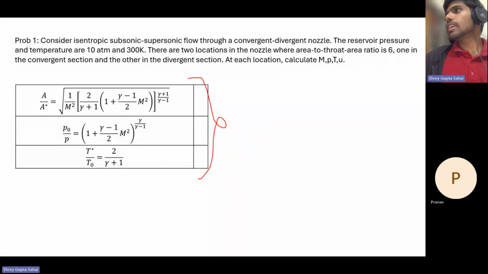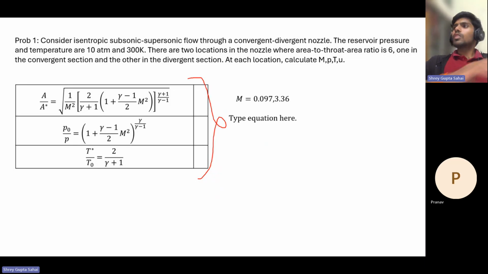Right, we get two solutions: 0.097 and 3.36, some value. We won't care too much about it.